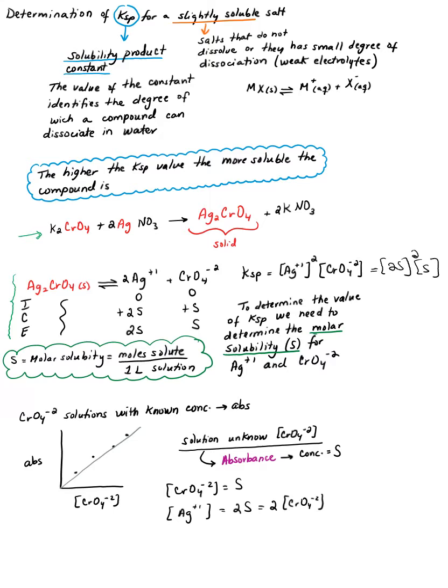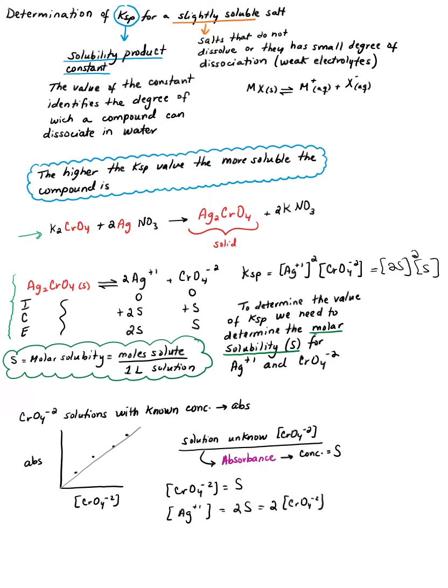So what you're actually getting in this experiment is that molar solubility, or that S value. If you have the value of your molar solubility, then you can plug that number back into your equation, and you can calculate the numerical value for your Ksp.